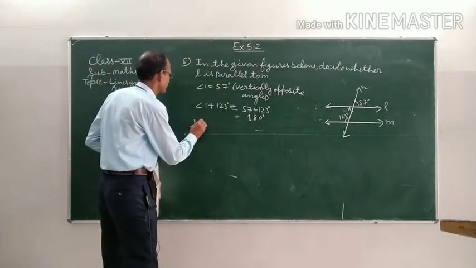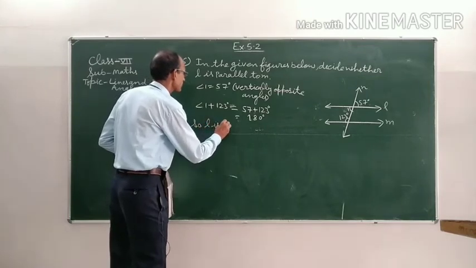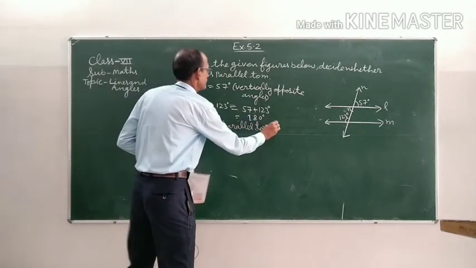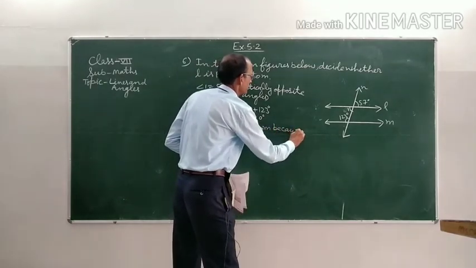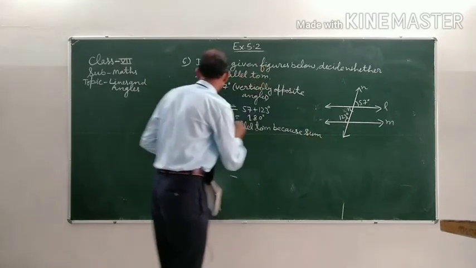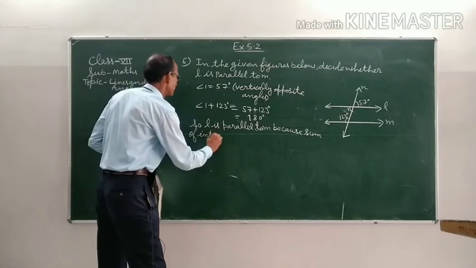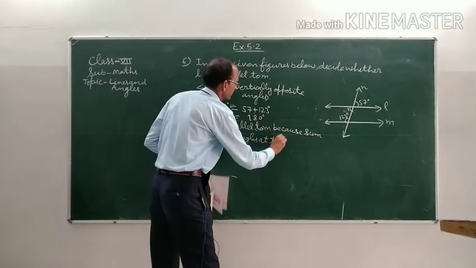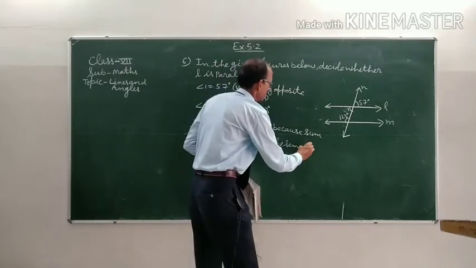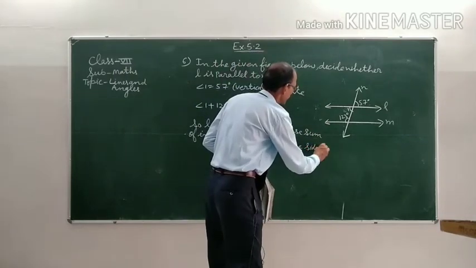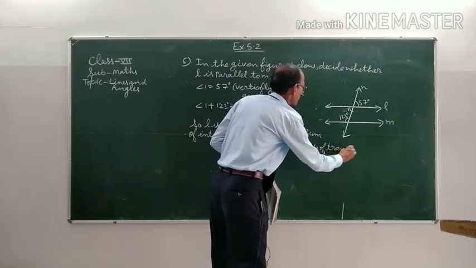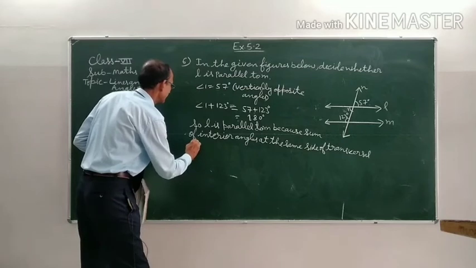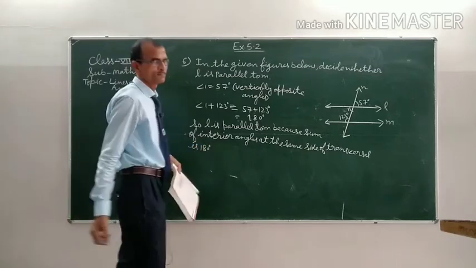So L is parallel to M, because the sum of interior angles at the same side of transversal is 180 degree. Okay? Understood?